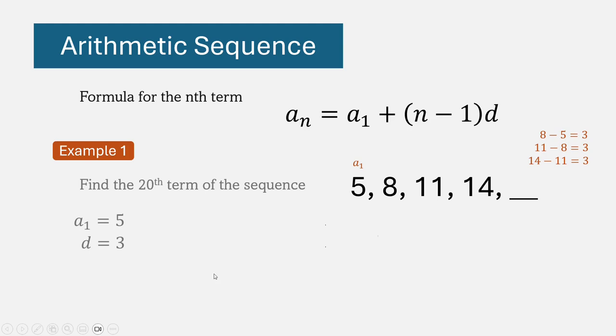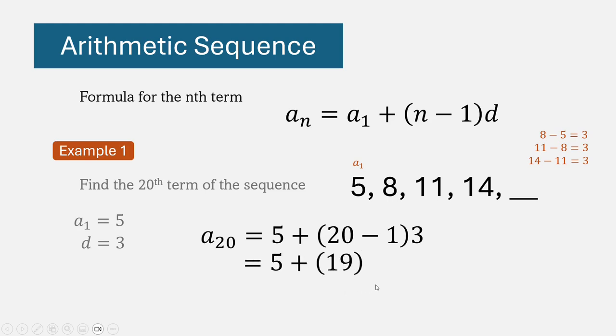Let us now proceed to find the 20th term. a sub 20 is equal to the first term, a1, which is 5, plus open parenthesis n, and since we are looking for the 20th term, we input 20 minus 1, and then the common difference, which is 3. So this is 5 plus 20 minus 1, that's 19, multiplied by 3. That's 5 plus 19 times 3. If we multiply, that is equal to 57. And so our 20th term, 5 plus 57, is equal to 62.